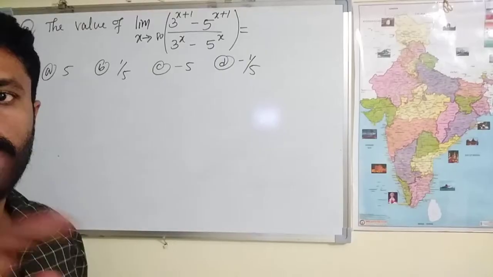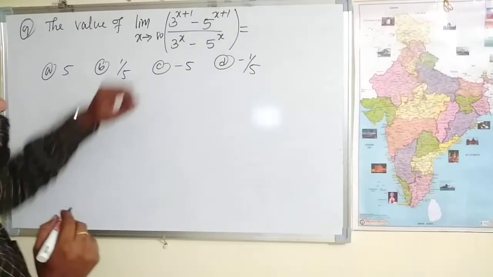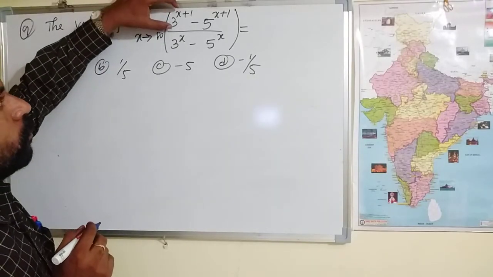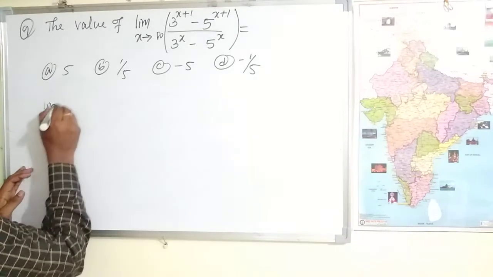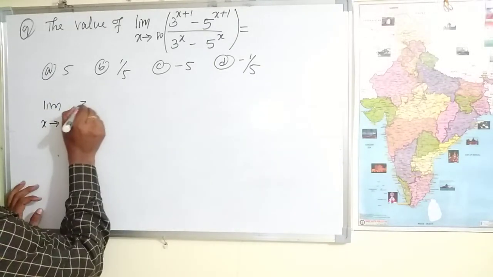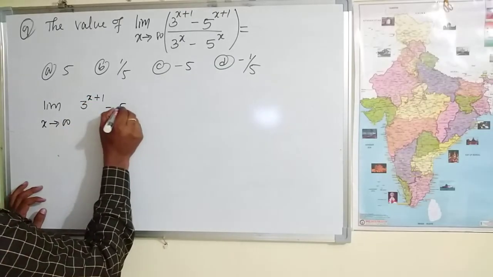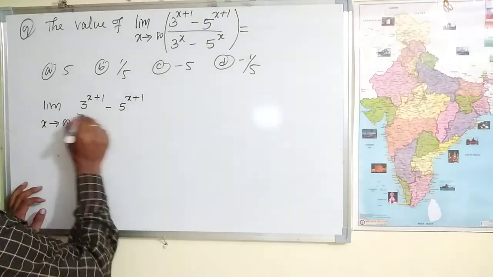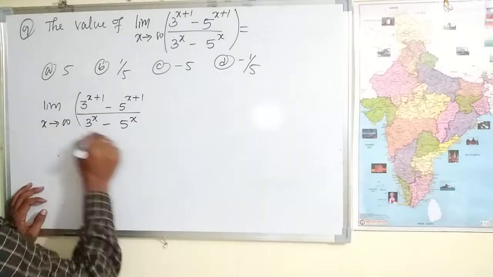Solution. To solve this problem, first we split the numerator power terms. Limit x tends to infinity, 3 to the power x plus 1 minus 5 to the power x plus 1 divided by 3 to the power x minus 5 to the power x.